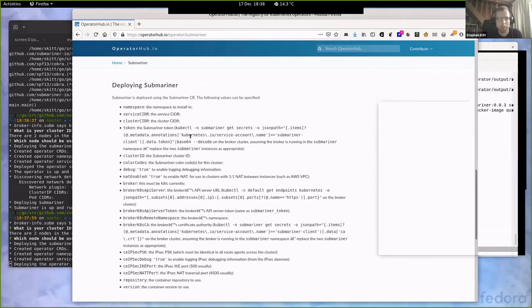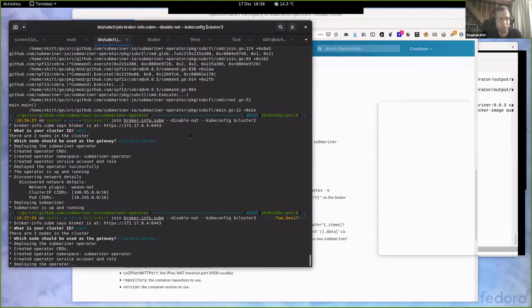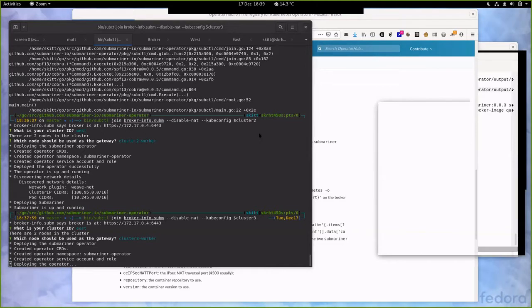And that's it for the demo, unless you want me to actually prove that there's connectivity. I think proof of connectivity would be very interesting to see. Yep.